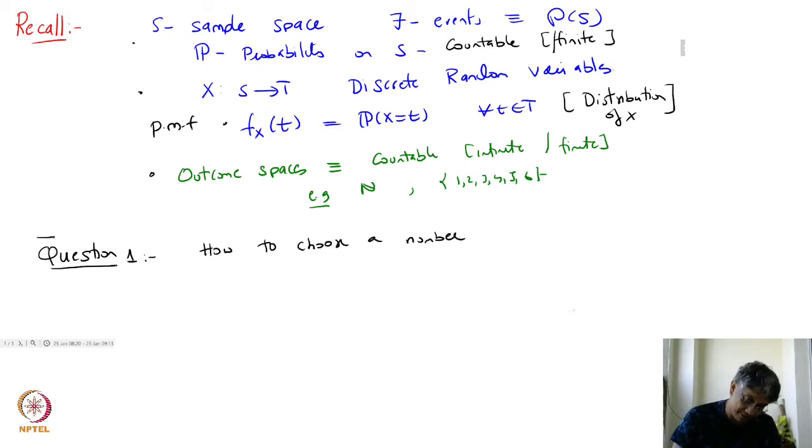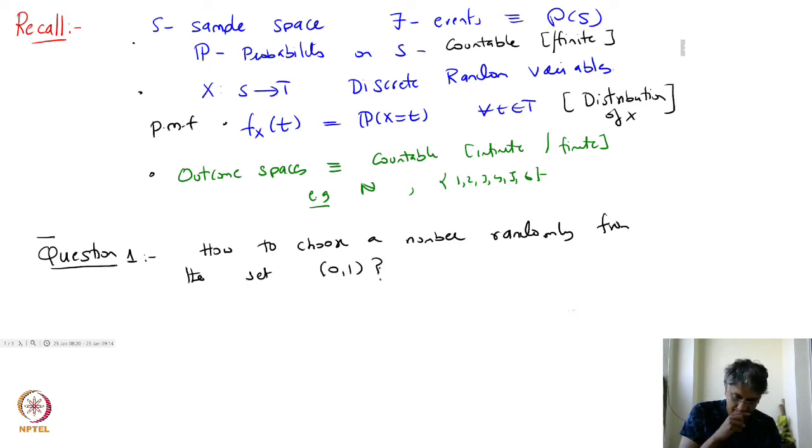How to choose a number randomly from the interval 0, 1. By randomly, I typically mean that every number is equally likely to be chosen. So I want to replicate the uniform distribution.